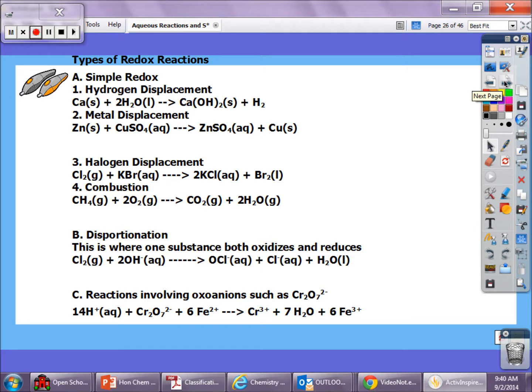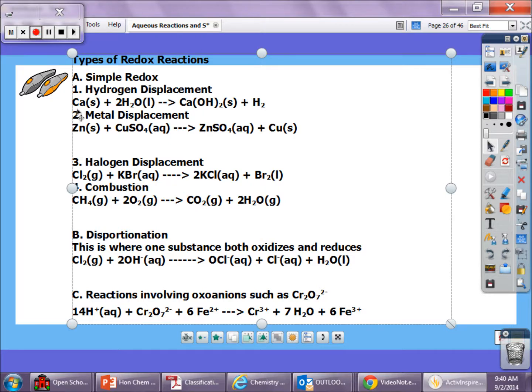Types of redox reaction. We have simple redox. One simple redox is hydrogen displacement. This is a metal right here. This is hydrogen here. If that metal is higher in the activity series than hydrogen, it will displace it. So this is a very simple single displacement reaction.